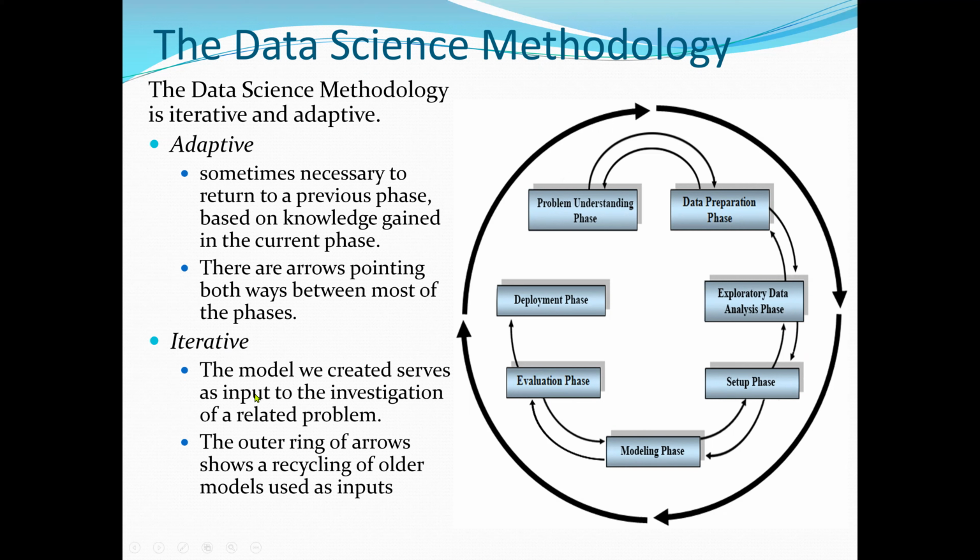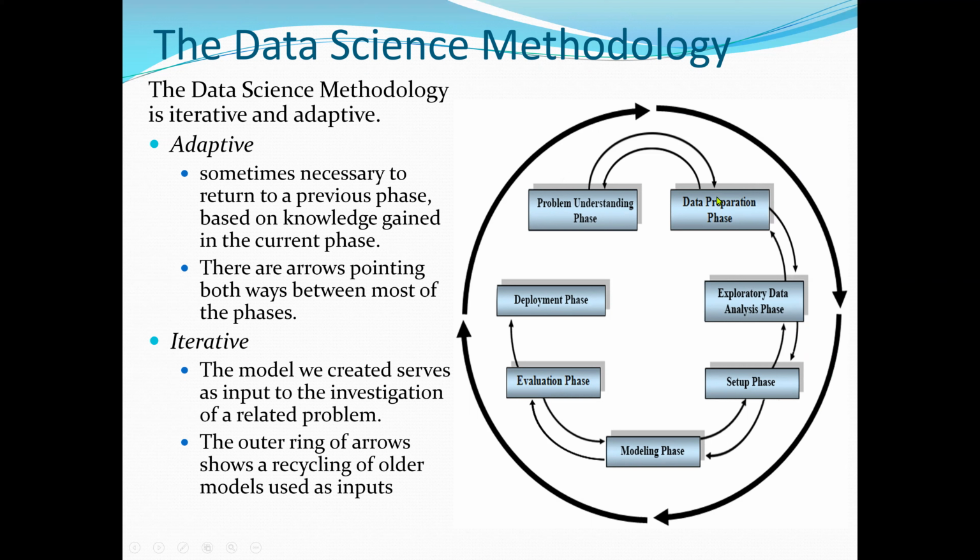Also, the models we created serve as input to the investigation of a related problem. Here we have the outer ring of arrows showing recycling of older models used as input. What we mean is, we can see the outer arrows going from one phase to another. But sometimes with the inner arrow, we can move from the data preparation phase to exploratory data analysis. Then we may see some issue.